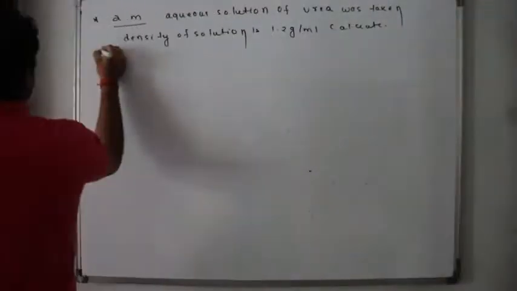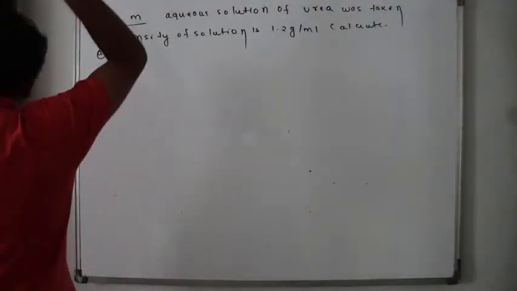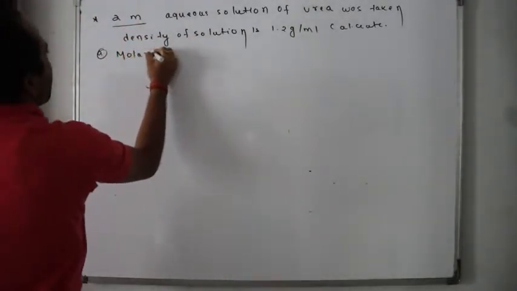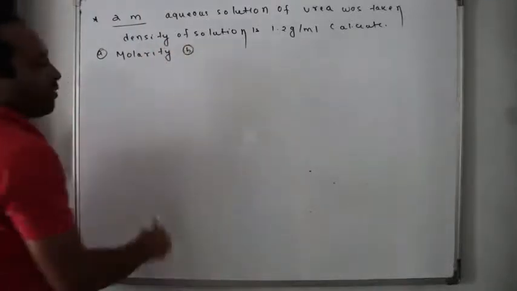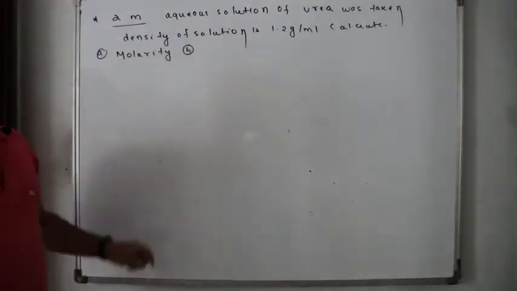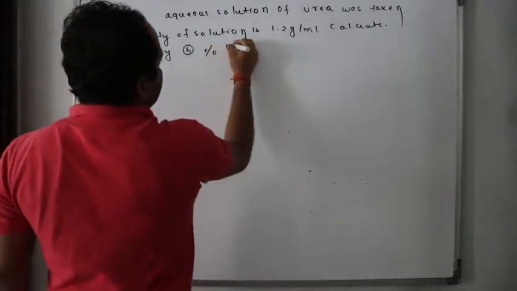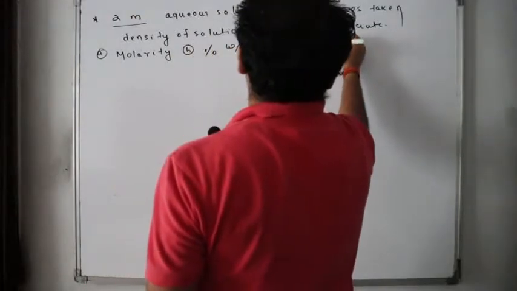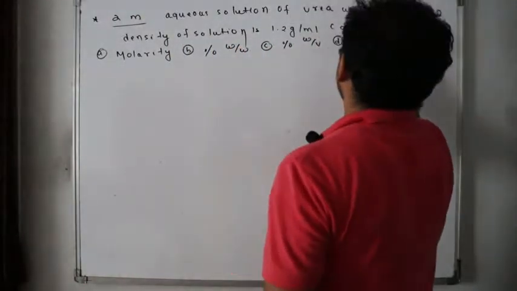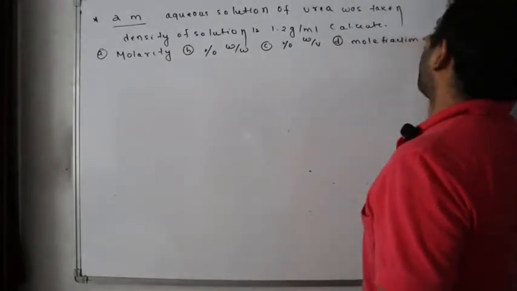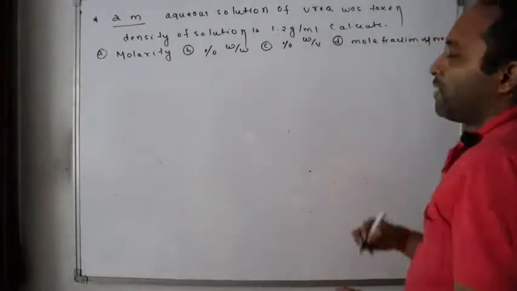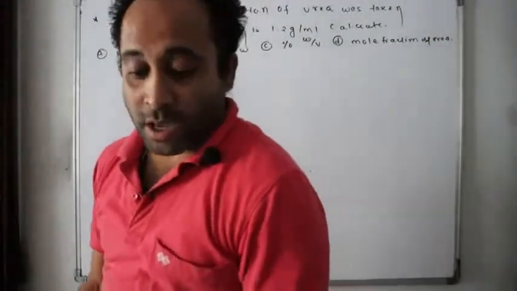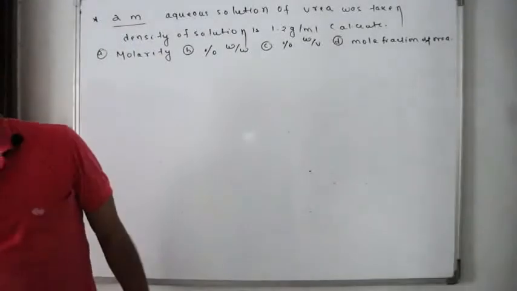Calculate A: earlier they gave molarity and asked molality. Now they have given molality and are asking for molarity. B, what is the percentage? C, percentage weight by volume. D, mole fraction of urea. If you really understood the last question, now you can try this question. You can pause my video and try it out.